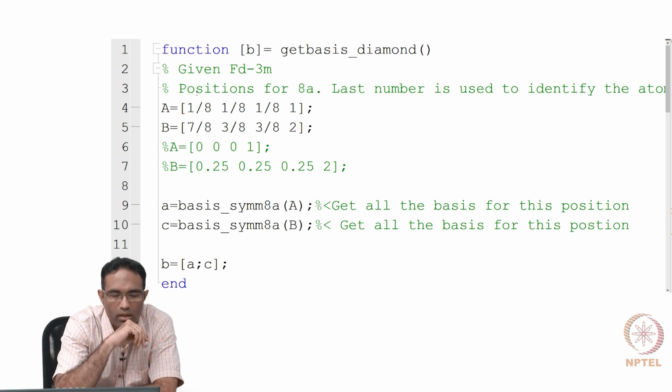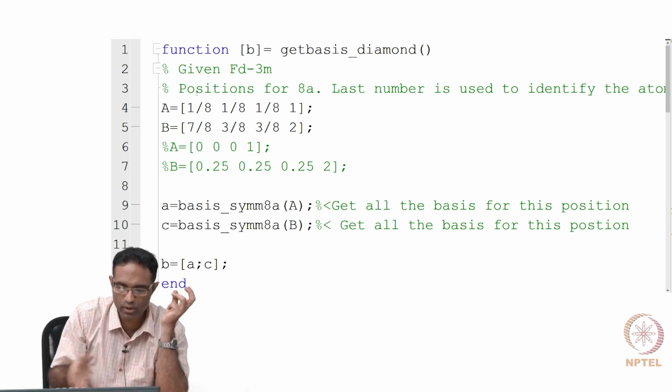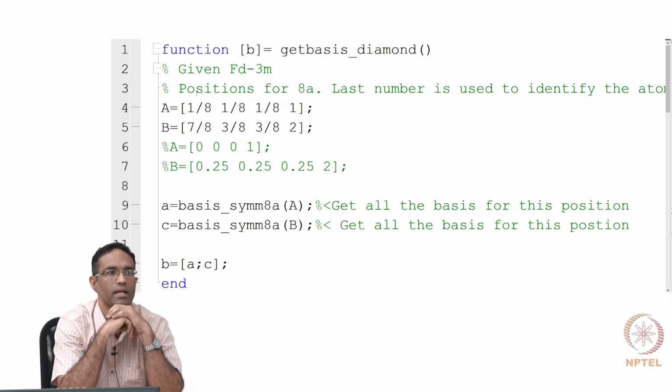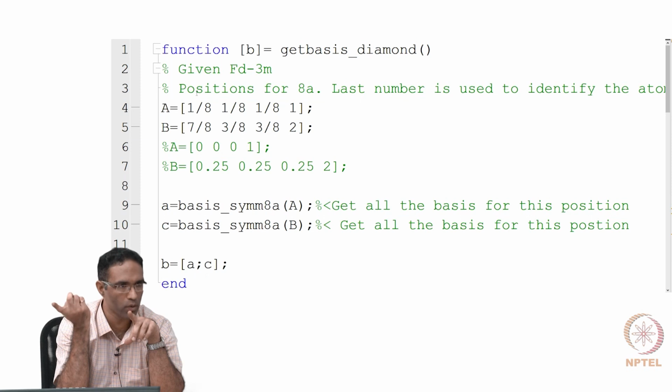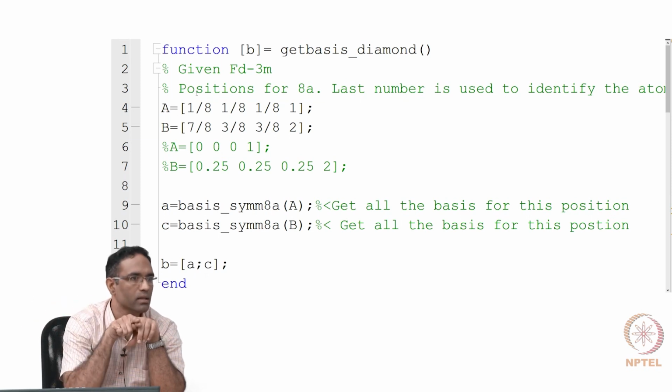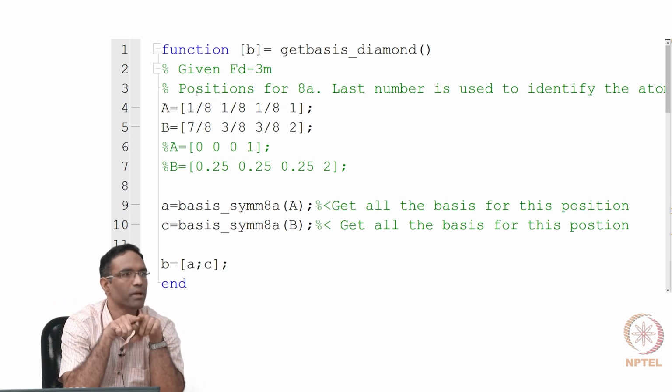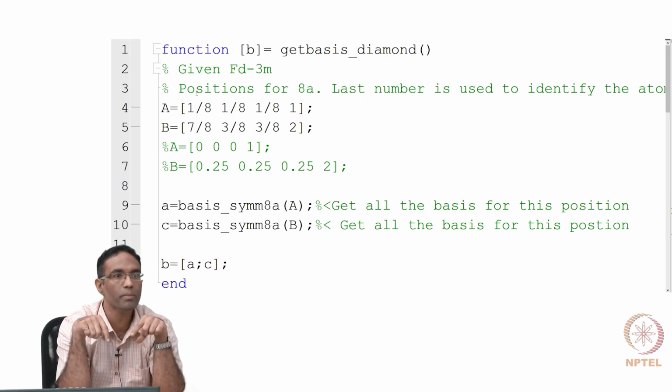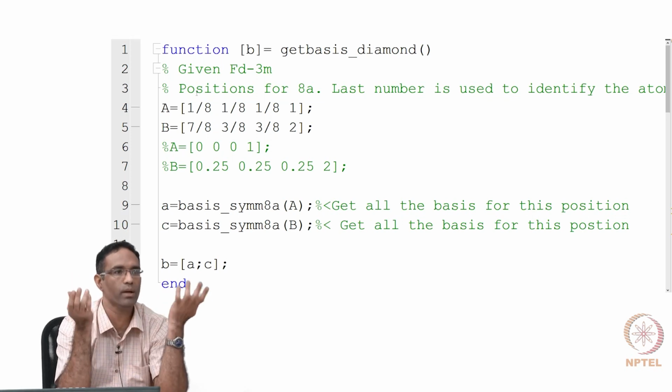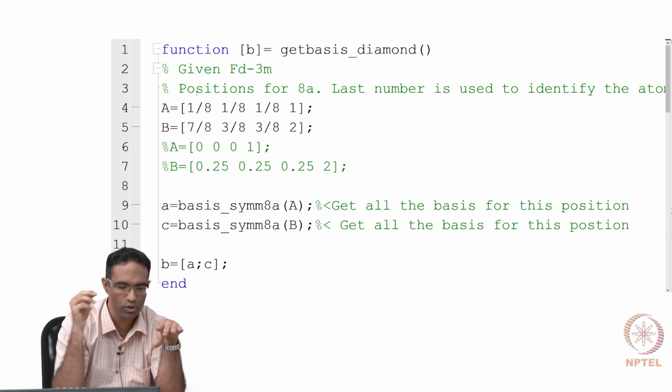Somewhere you are going to do plus half, right? It becomes greater than 1. So you have to keep track of these fractional coordinates which are actually going outside the unit cell and pull them back inside the unit cell. So if it becomes greater than 1, you will have to subtract 1. And at other instances, you may have negative x, negative y being specified. So if it has a negative value, you might have to add 1 to it to pull it back inside the unit cell.